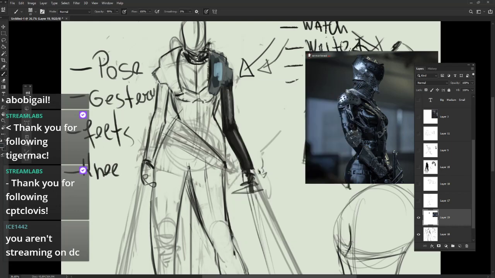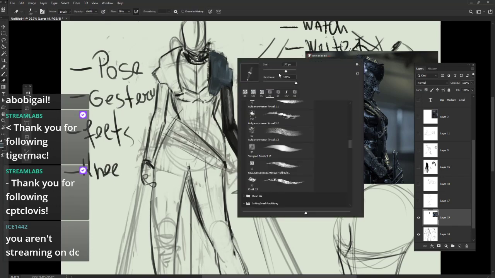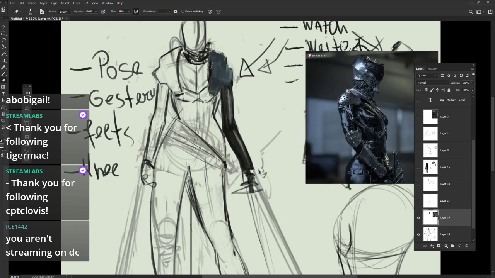Let's actually change that into a texture brush because I love to experiment. And I love different approaches. It's absolutely okay for you guys to change everything.